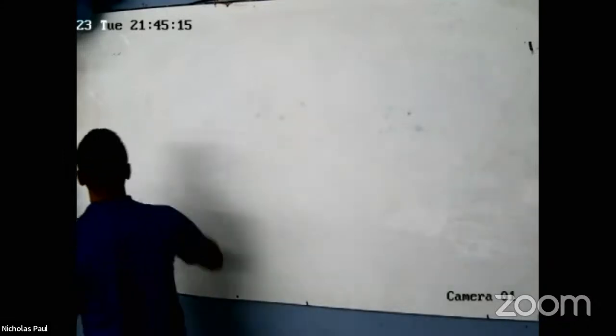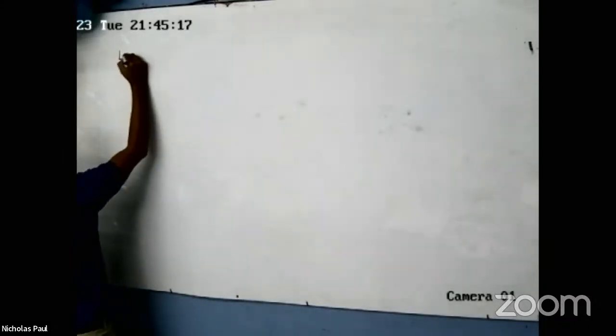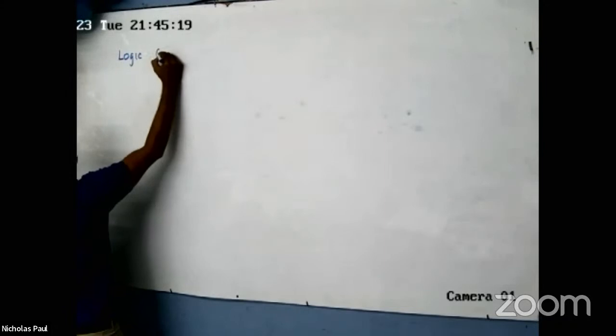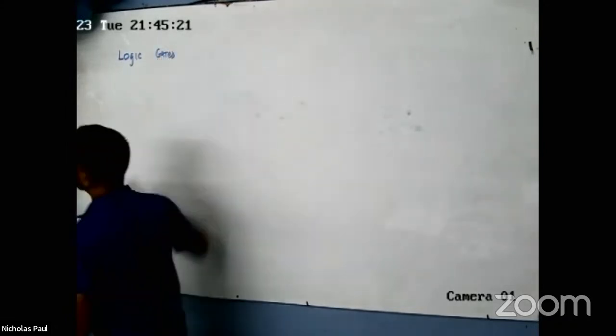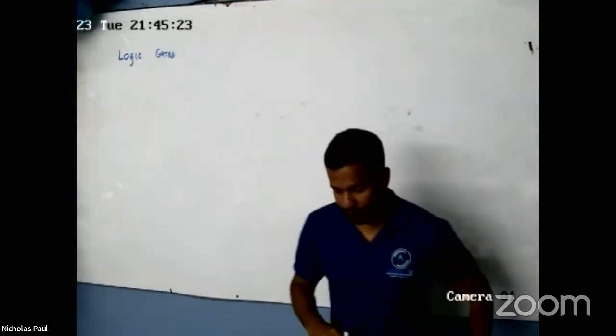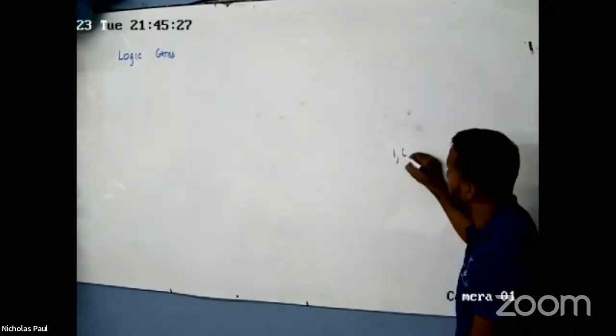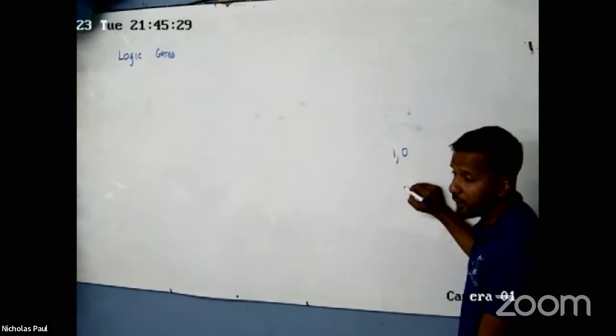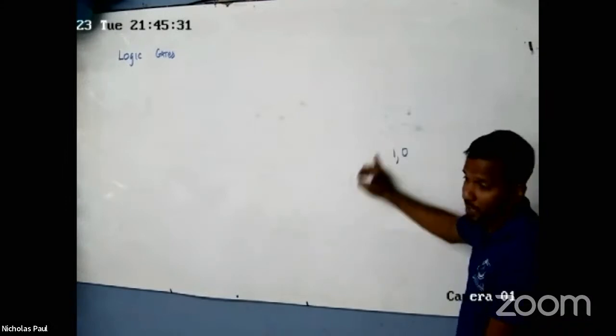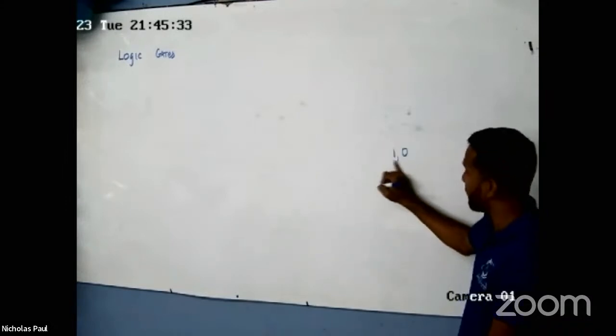Right. So we're going to take a look at logic gates. There are two kinds of signals, and there are two things that we are to know. We are to know binary, ones and zeros. This is binary, where you only have ones and zeros, which is the language of computers.